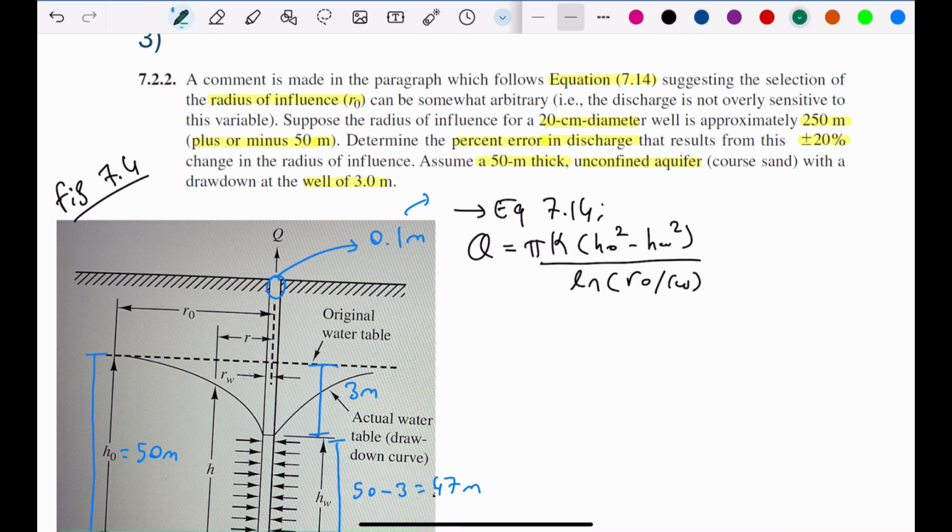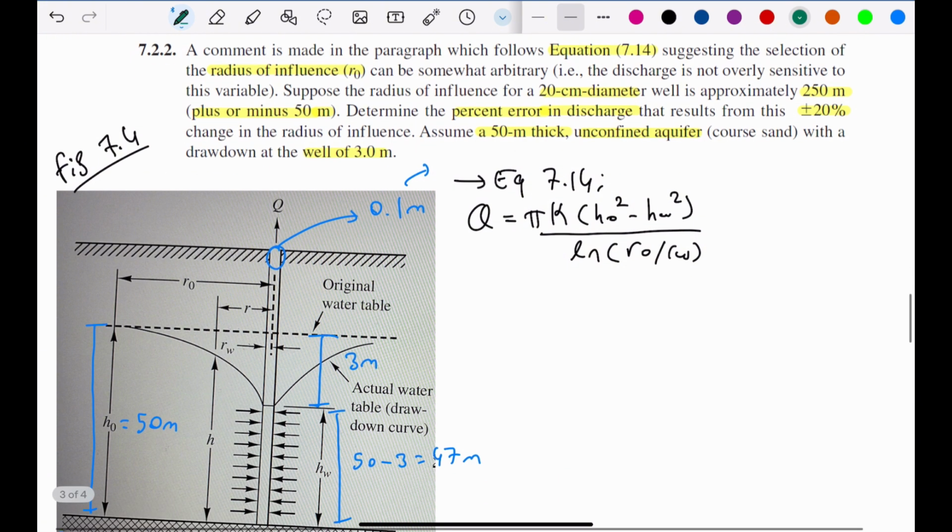So let's write first what we have. We know that we can obtain K from the table. We know that HO is 50 and HW is 47.